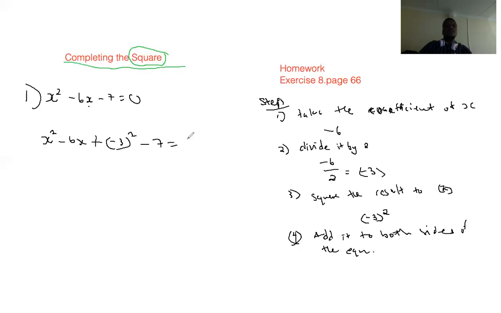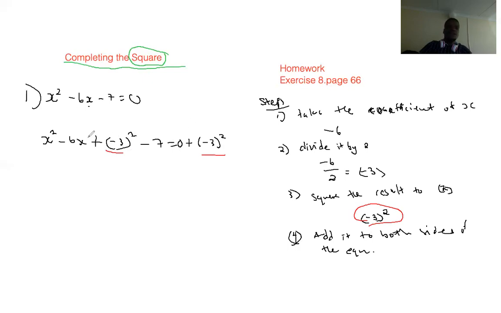Then on this side we have a 0. So what did I do here? I added this squared here. I added to both sides. I added it here just after the 6x, and then I added here after the 0. Okay, I will show you a different way in the second example.